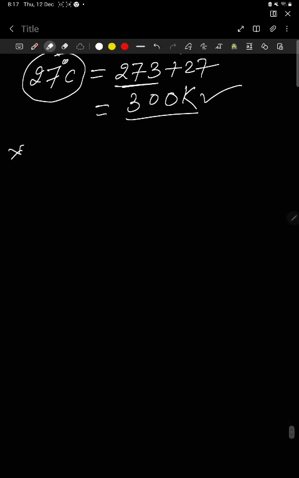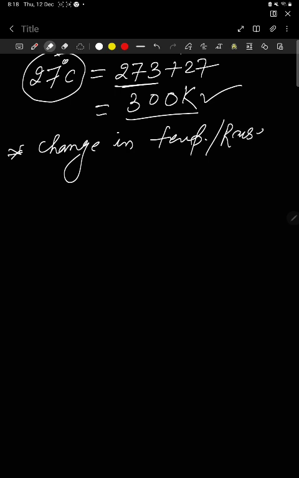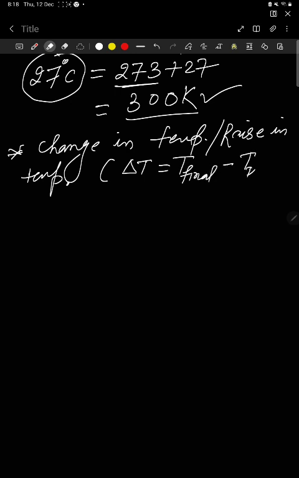Now one important term I have to tell you is change in temperature, or sometimes it is called rise in temperature, and it is represented by delta T. Delta T is equal to final temperature minus initial temperature.